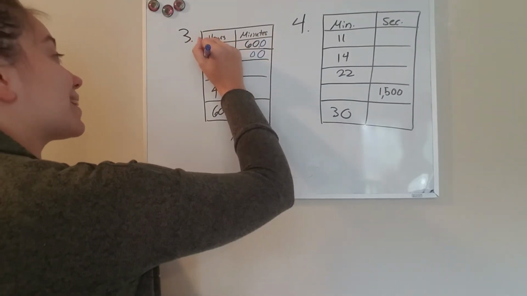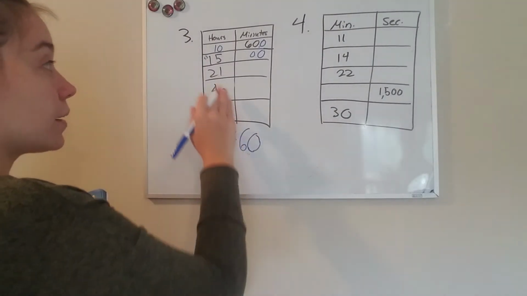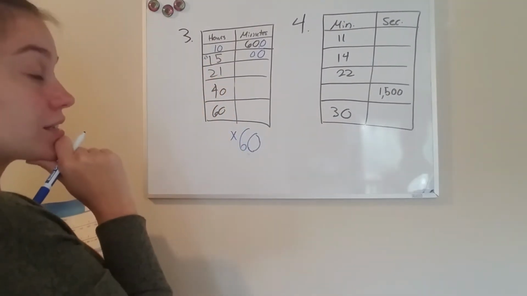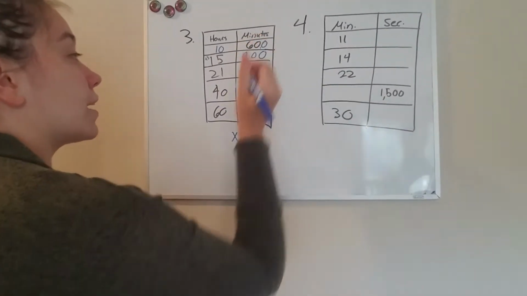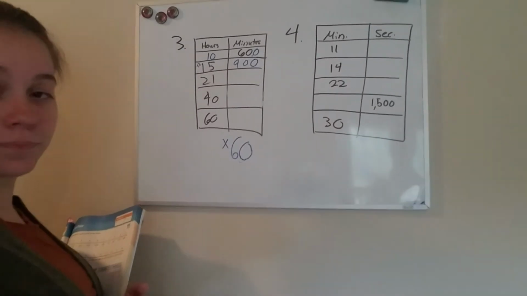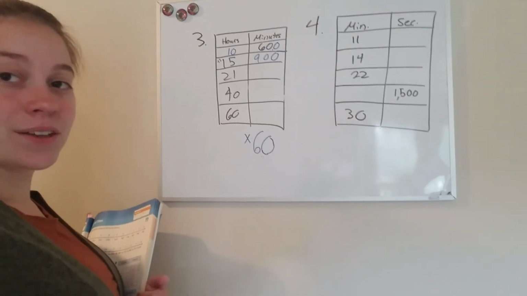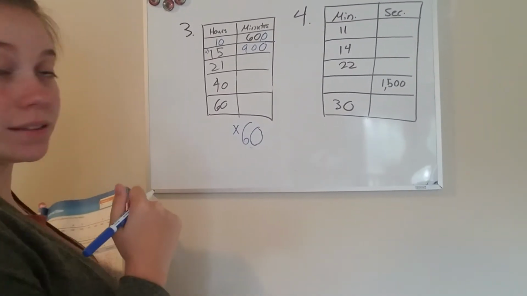So I'm just going to add a 3 over here. Okay. 6 times 1 is 6. Plus 3 is 900. So 15 hours equals 900 minutes.